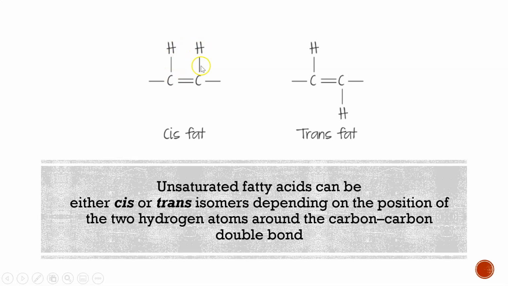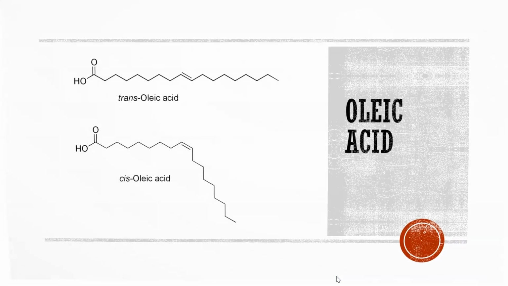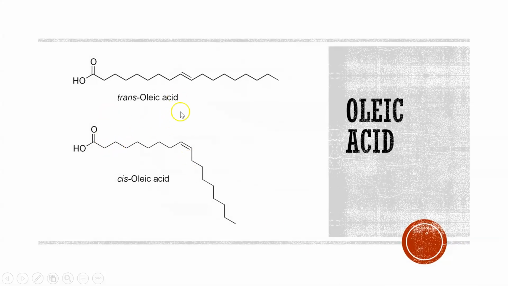Cis, the hydrogens are on the same side. Trans, they're on different sides. So here we've got our elaidic acid, and our hydrogen atoms are on different sides, so that's our trans, and our oleic acid, our hydrogen atoms are on the same side, so that's why oleic acid is a cis.